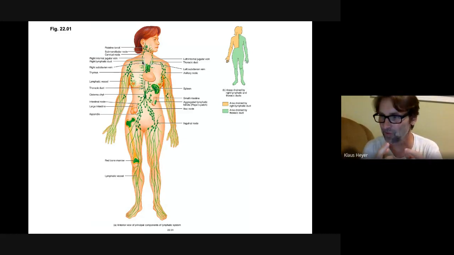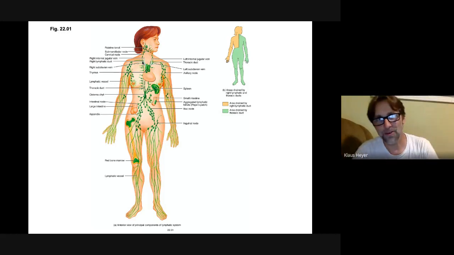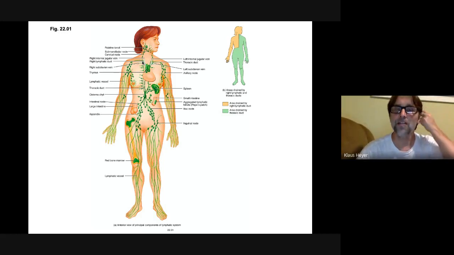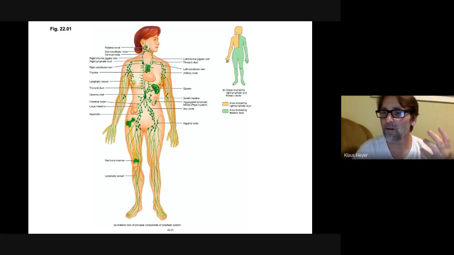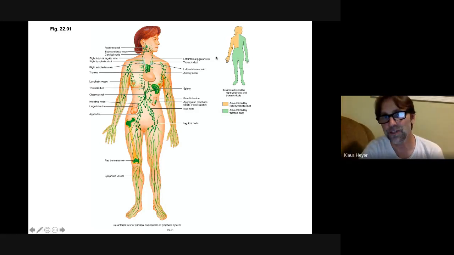It's not like blood vessels, where you go from an artery to a vein, then back to the heart and back into an artery. There's a beginning and there's an end. The beginning of the lymphatic system is lymphatic capillaries. The end of the lymphatic system is what we call lymphatic ducts, D-U-C-T, right?